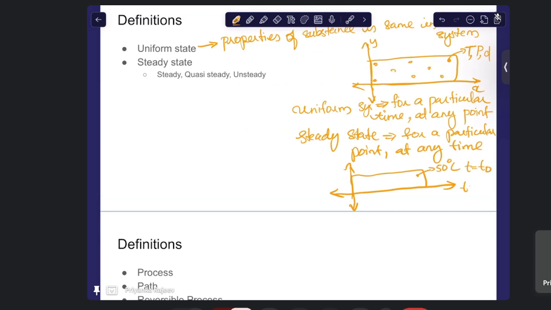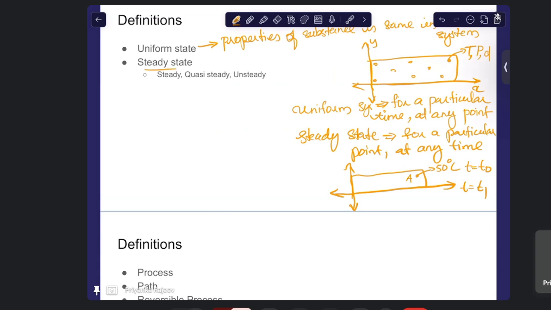At T equal to T1, it should be 50 degrees centigrade only. If it is T equal to T2 also, it should be 50 degrees centigrade only. That means with time changing at this particular point A, the temperature of that point will be 50 degrees centigrade. So that is steady state.